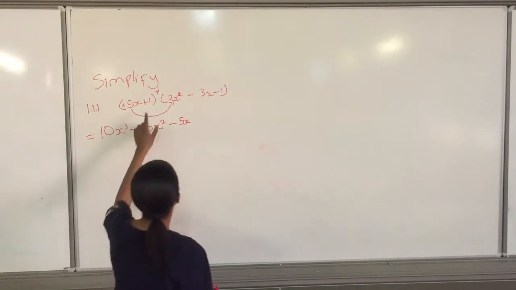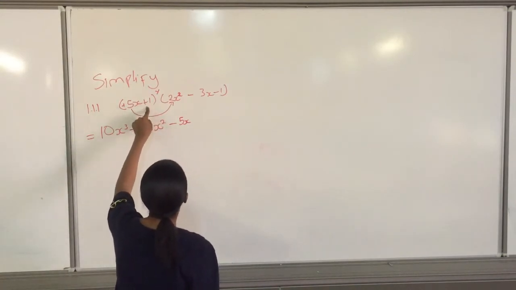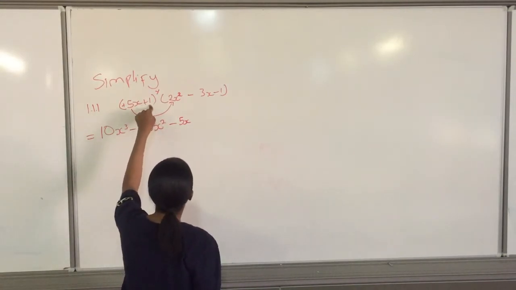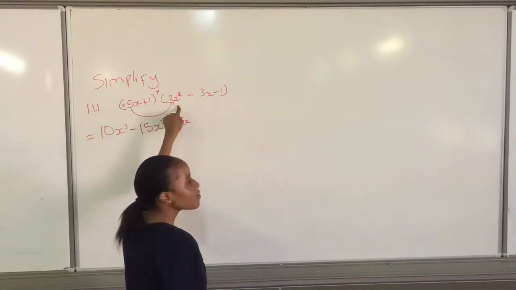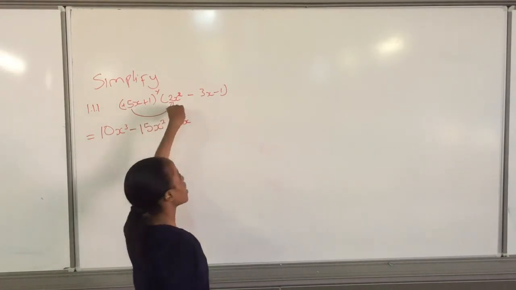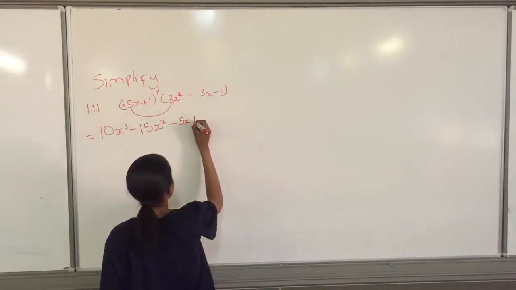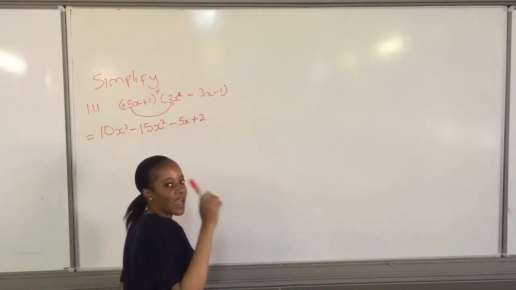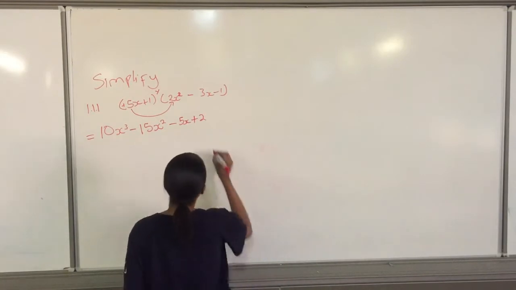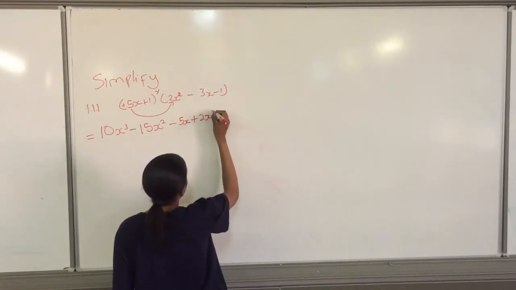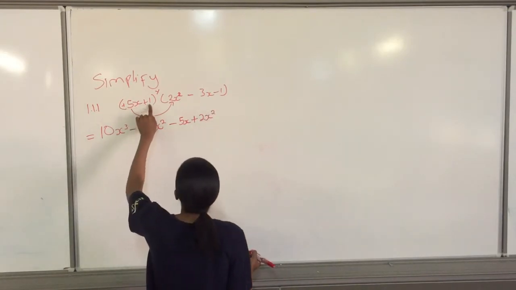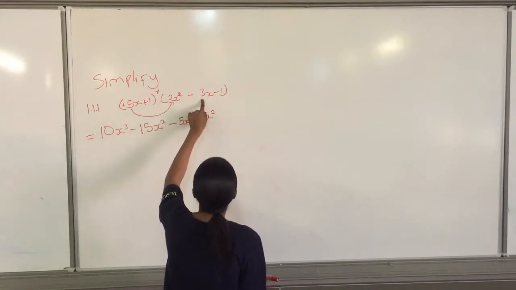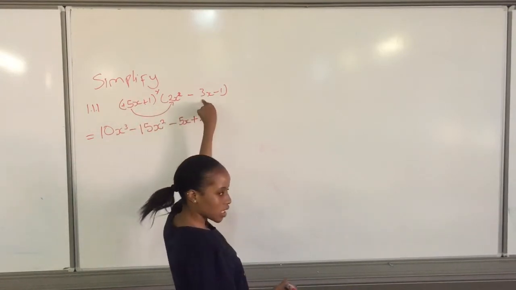Then you move to the positive one. Here you're going to say positive 1 multiplied by positive 2x squared. We're having, you know that any number multiplied by 1 is that number. So you're going to have 2x squared. Then again, it's positive 1 multiplied by negative 3x.